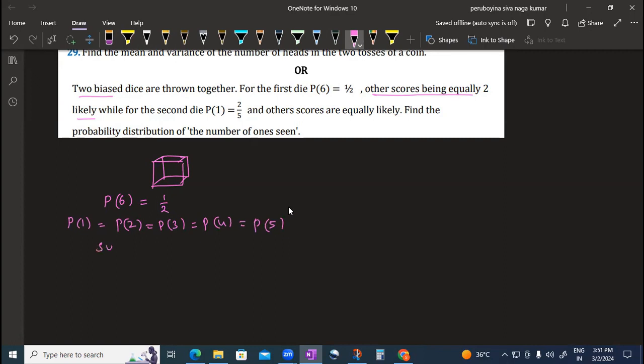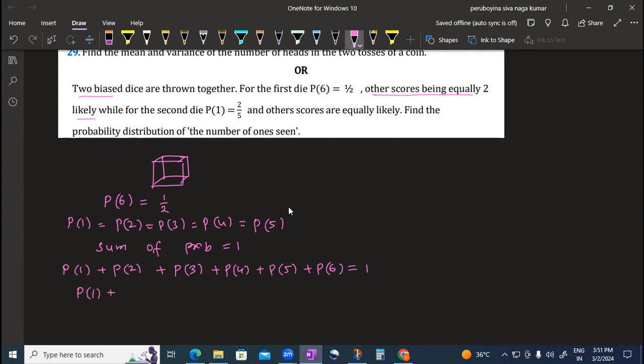We know that the sum of probabilities is equal to 1. That means P of 1 plus P of 2 plus P of 3 plus P of 4 plus P of 5 plus P of 6 equals 1.